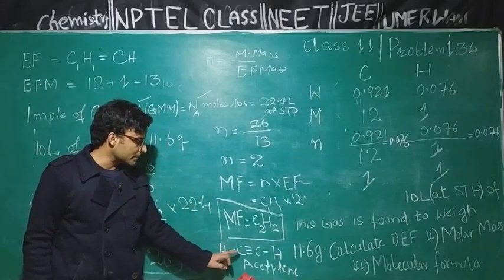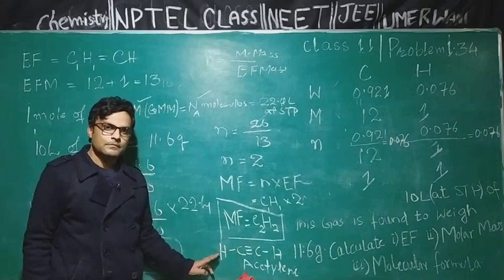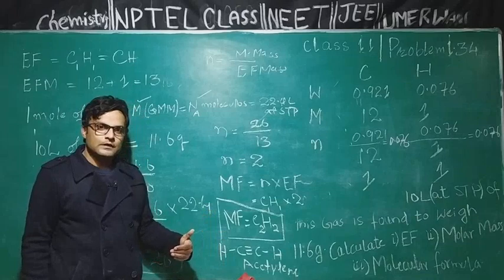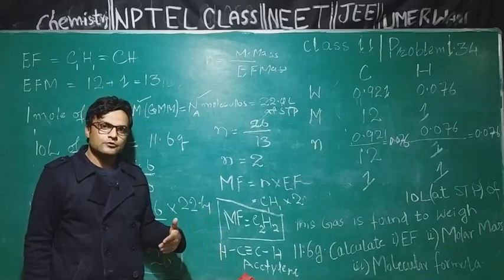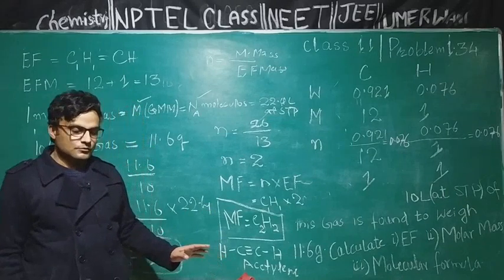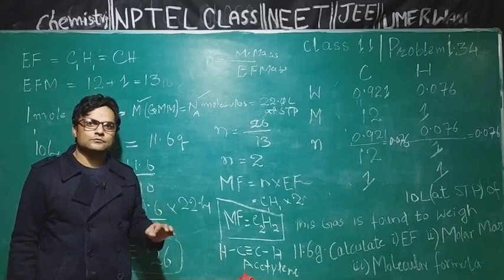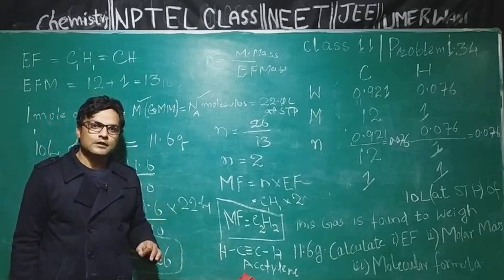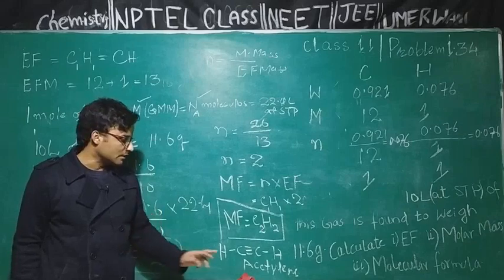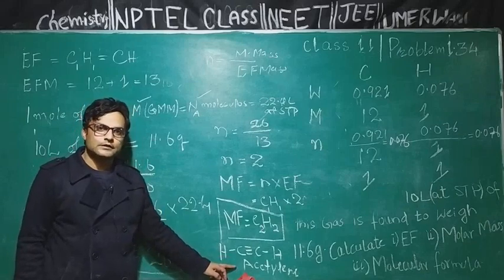It is a hydrocarbon made up of only carbon and hydrogen, and the information you got is that for welding purposes the hydrocarbon gas that is used is acetylene gas. So if you are asked in your exam the hydrocarbon gas used for welding, with options A, B, C, D, the correct option will be acetylene gas.